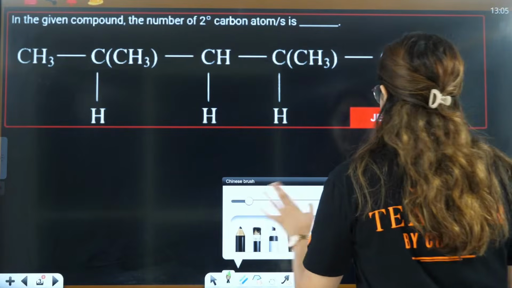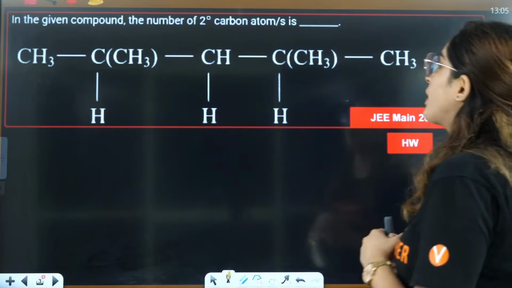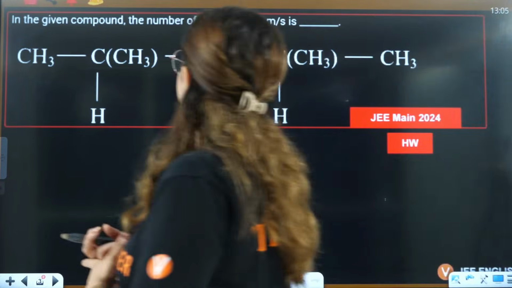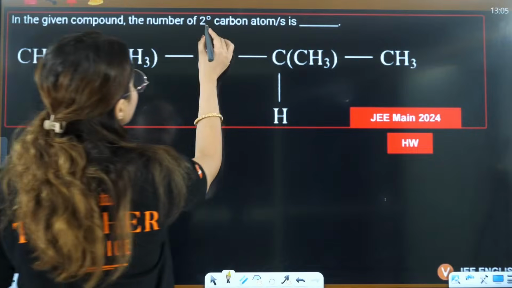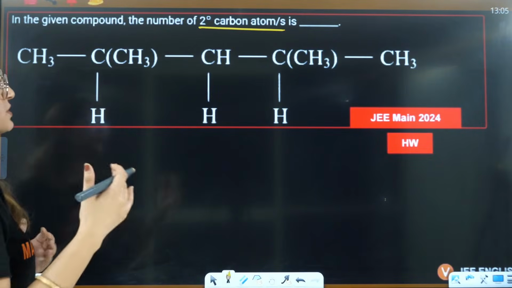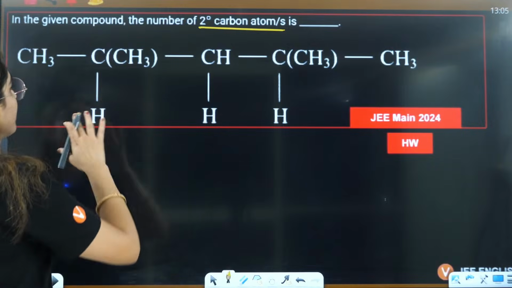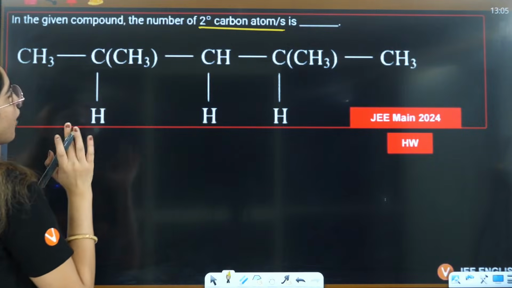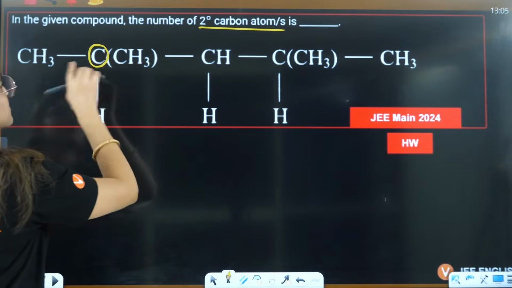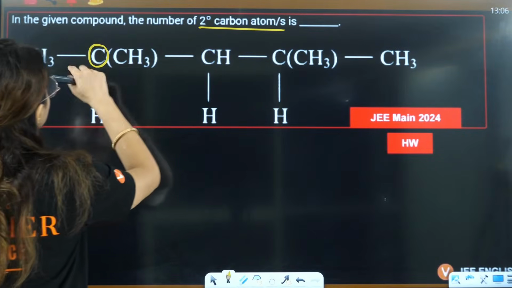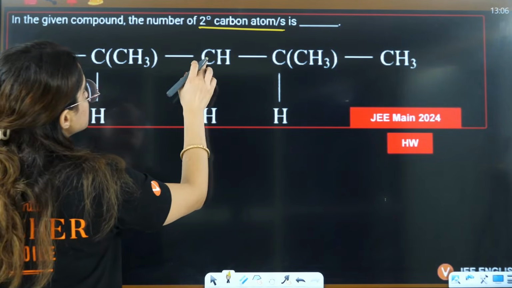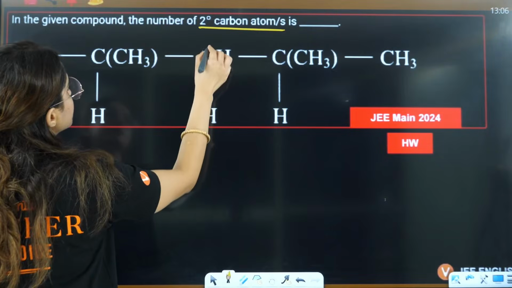So let me see this. The question that I gave you for homework: in a given compound, the number of 2-degree carbon atoms. So how many 2-degree carbon atoms do you have? Here, if you see, this carbon is connected to 3 carbons, and this carbon is connected to 2 carbons.